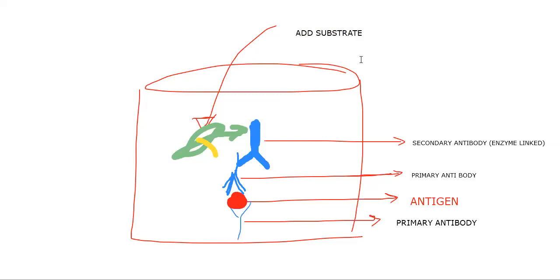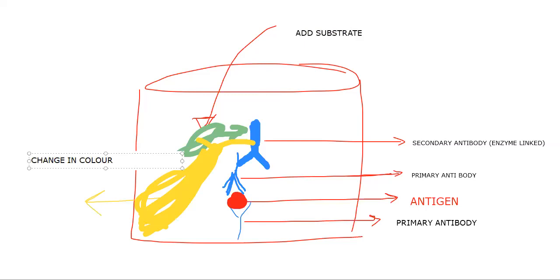The reaction between them can change the color of the microtiter plate. If you see a change in the color, you can understand that the antigen is present in the sample.